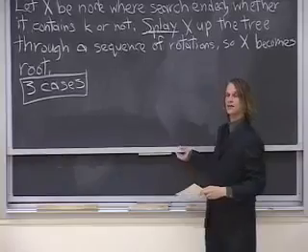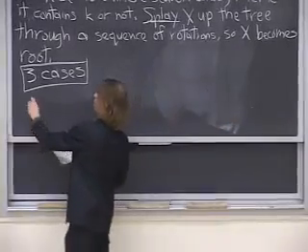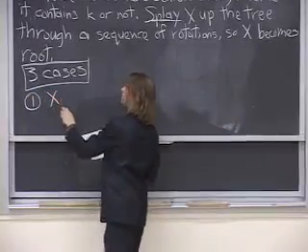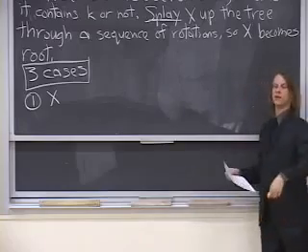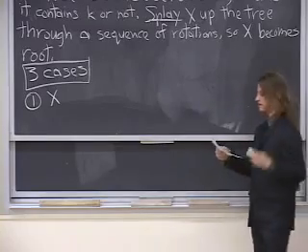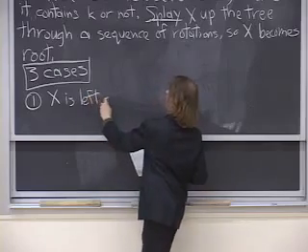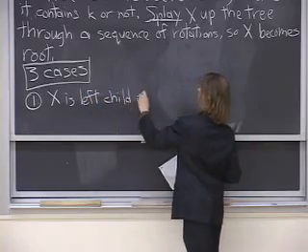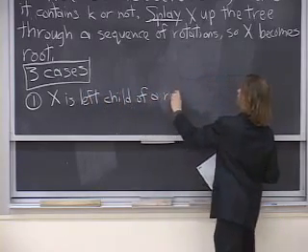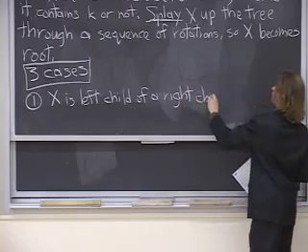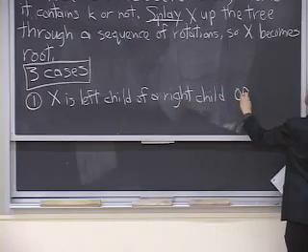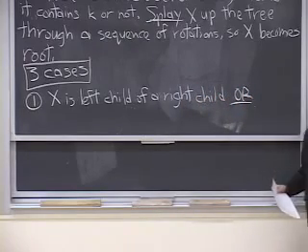All right, case number 1 is when the node that we're looking for, or the node that we're splaying up to the root, x, is a left child of a right child, or if it's a right child of a left child.